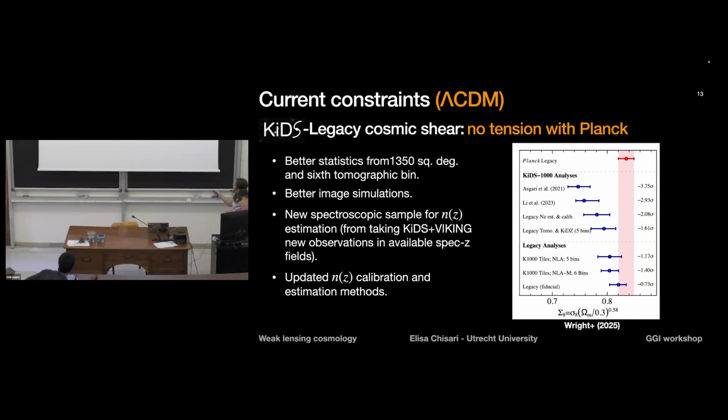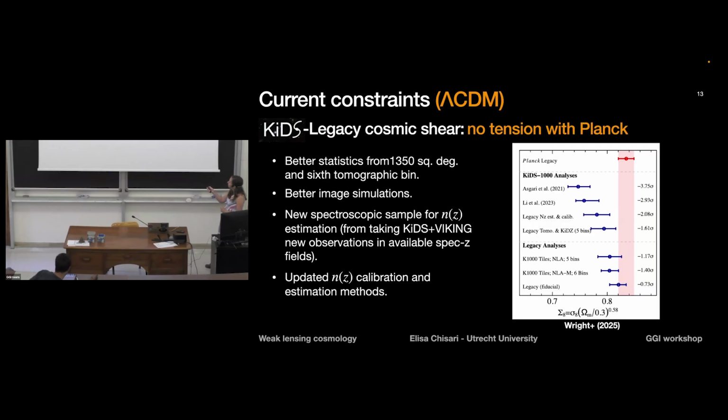Why is there no tension? If with KiDS-1000 we did have a tension that was, you know, at the level of 3 point something sigma. Well, many things have changed. Main driver has been the increased area and adding a 6th tomographic bin. So just statistics have helped a lot, but there are other things that helped. So in going from here to here, we got better image simulations.